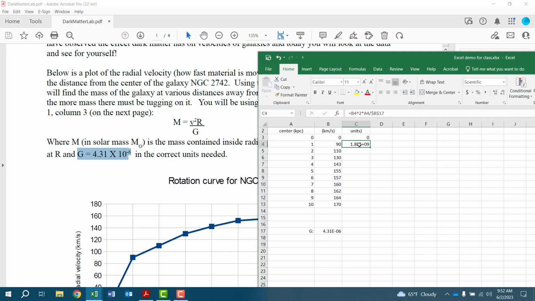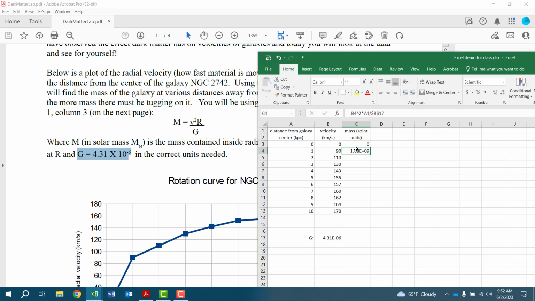And Excel was nice and gave me the answer in scientific notation. So evidently, the total mass within the orbit of this first star, which is at a distance of 1 kiloparsec from the center of the galaxy, is 1.8 E plus 9, that means times 10 to the 9th. That's the power of 10, which is a billion.